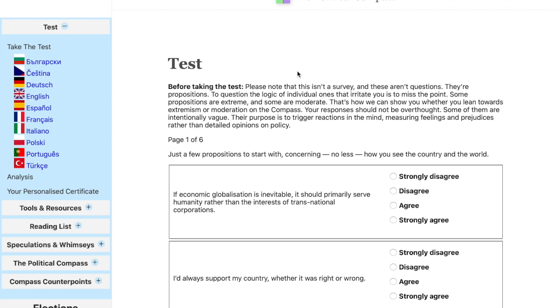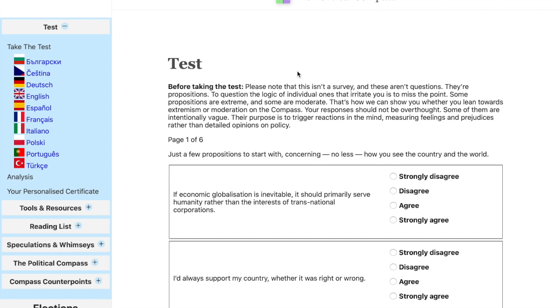That's how we can show you whether you lean towards extremism or moderation on the compass. Your responses should not be overthought. Some of them are intentionally vague. Their purpose is to trigger reactions in the mind, measuring feelings and prejudices rather than detailed opinions on policy. So, I will keep that in mind. If I get triggered, that is me missing the point. So I will try not to be triggered.